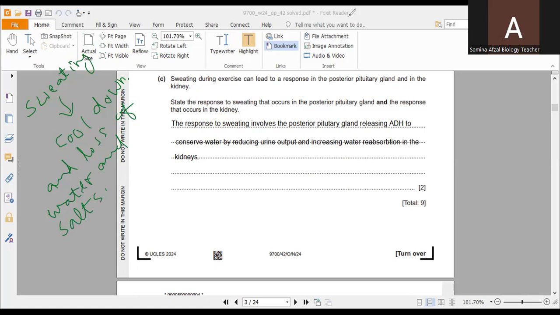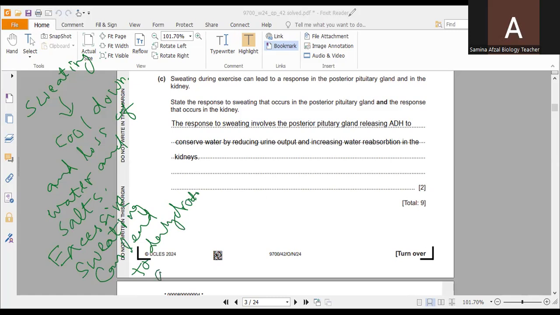So excessive sweating can lead to dehydration and electrolyte imbalance.